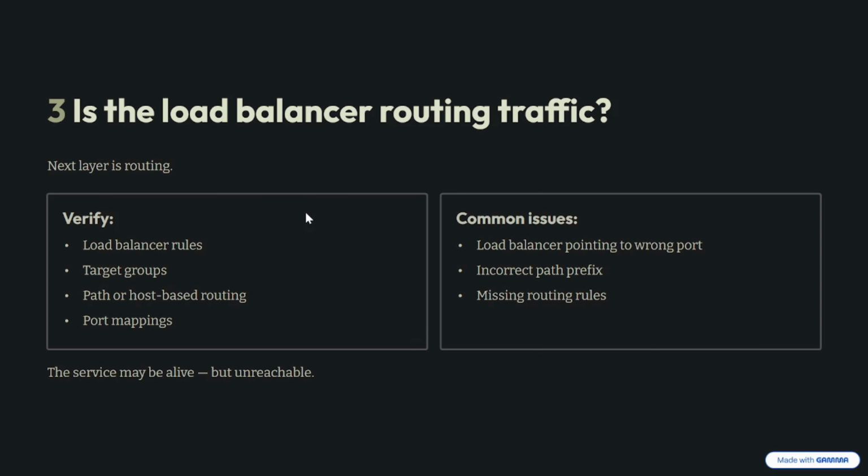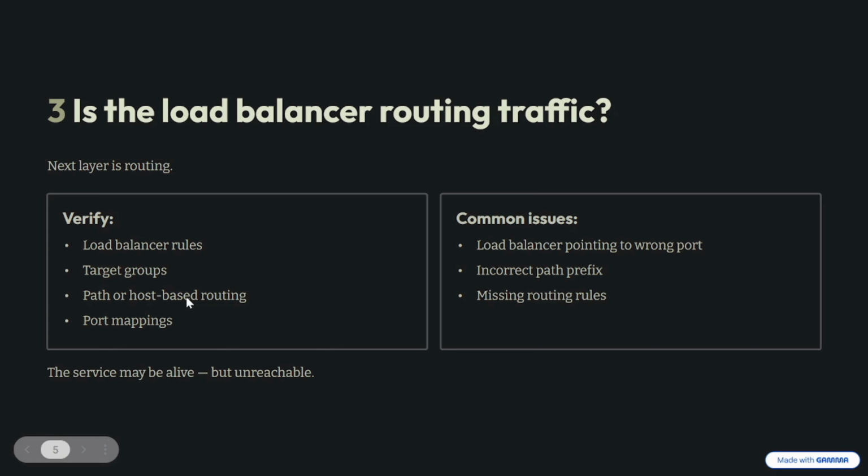Next one: is your routing configured correctly? Assume your service is healthy and it is registered and still no traffic. So the next layer is routing. Check your load balancer configuration, target group, ingress rules, host rule, path rules, and port mapping.